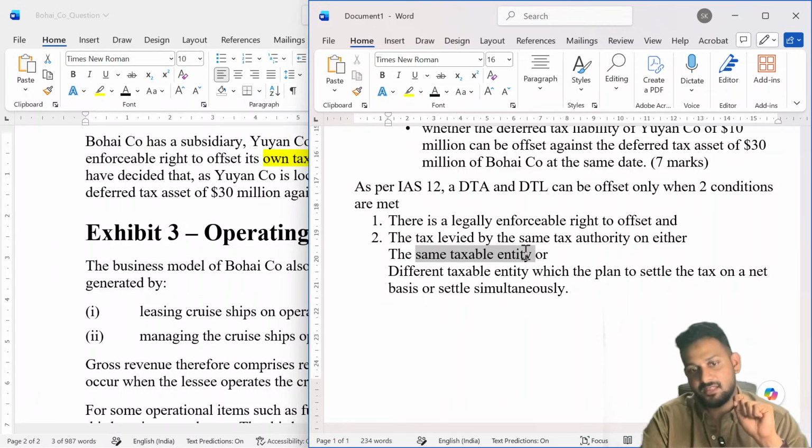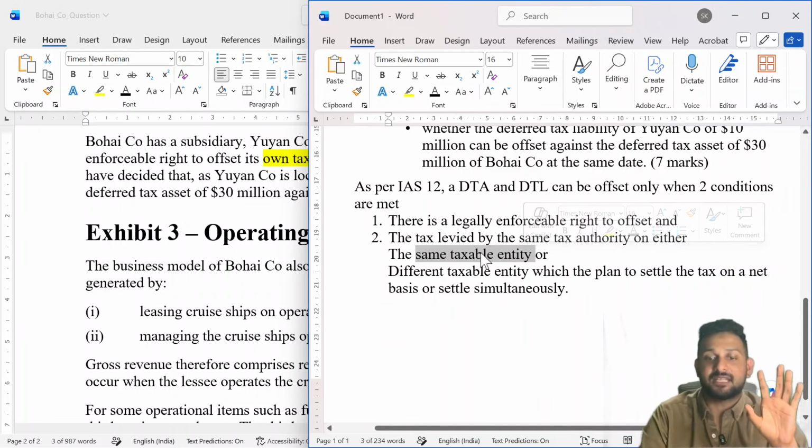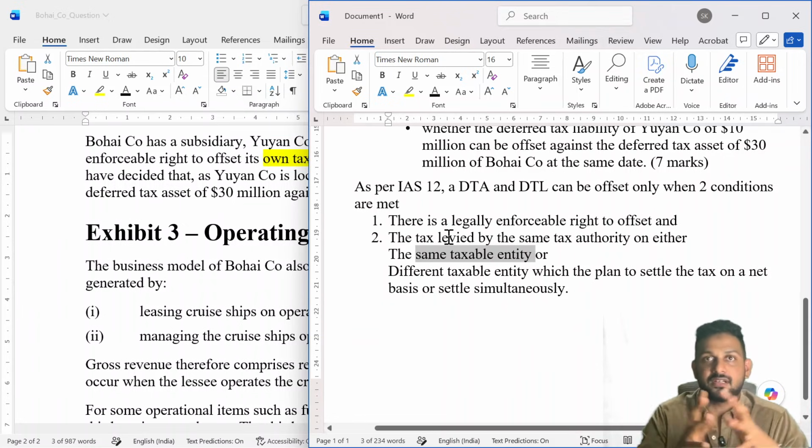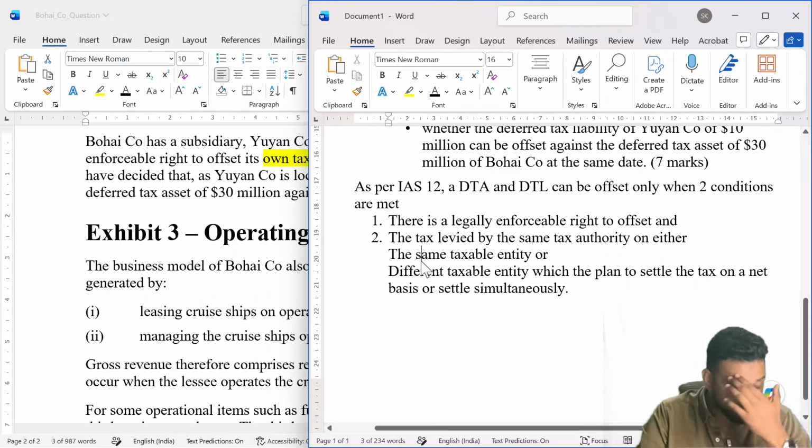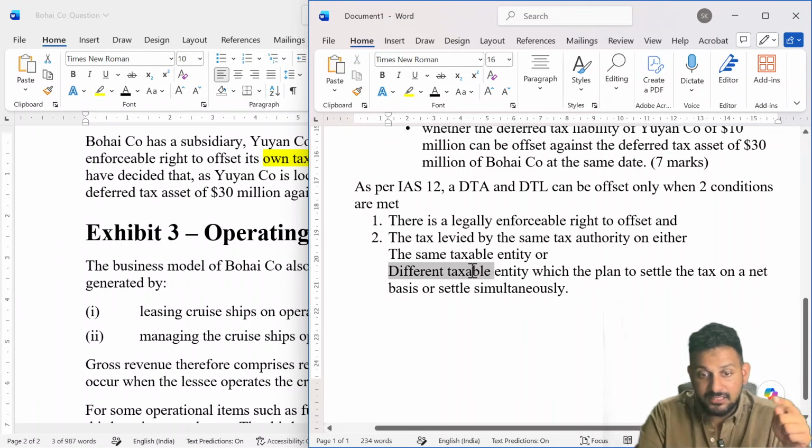In that case, it's the same taxable entity. But here we can see that both are two different companies. One is parent, one is subsidiary. Both are two entities, so they are not the same taxable entity. They are taxed separately.